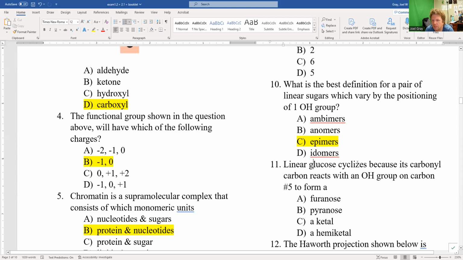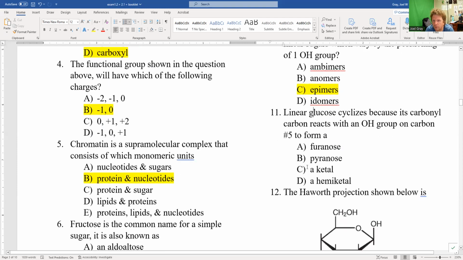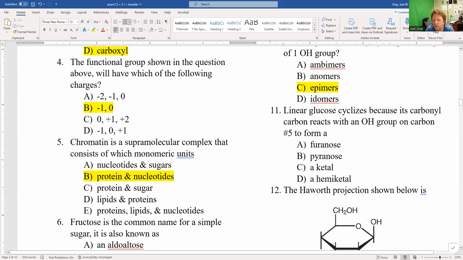Number 11, linear glucose cyclizes because its carbonyl carbon reacts with an OH group on carbon number 5 to form what is known as a cyclic glucose. The best answer for this: ketal and hemiketal are attractive answer options, but if we have an aldehyde or an aldose like glucose, then what we're doing is forming a hemiacetal.